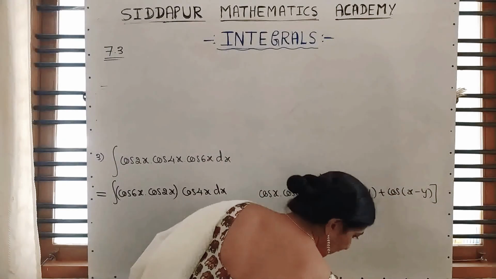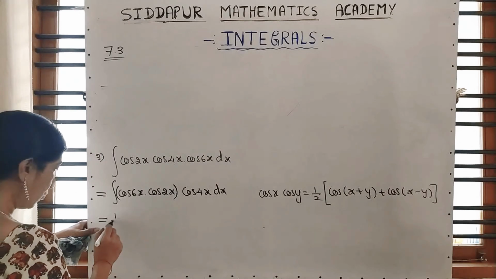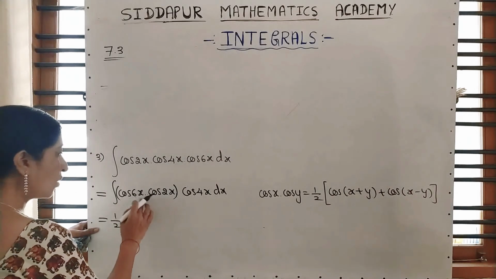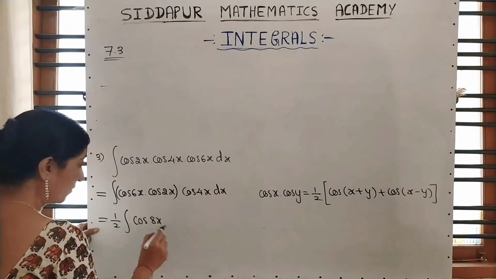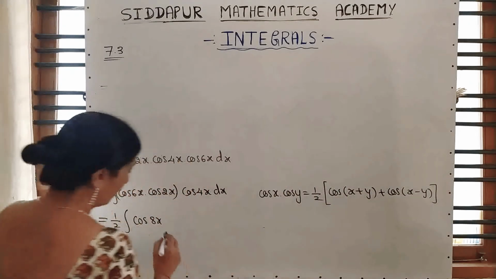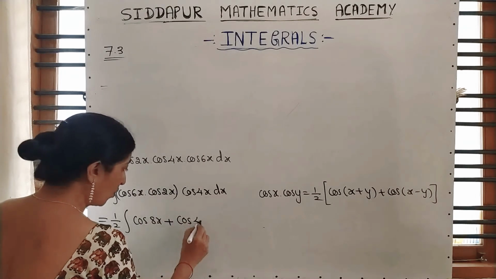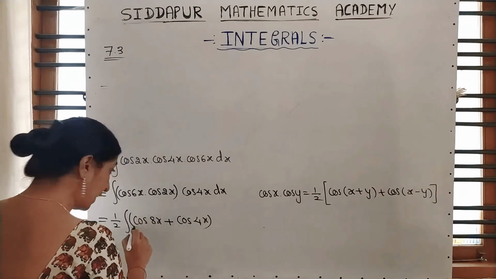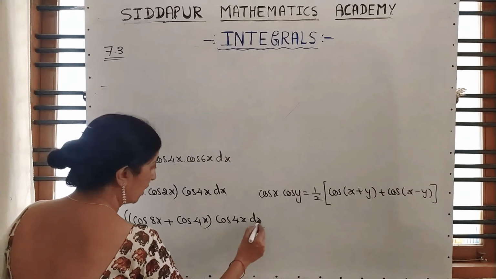This is the formula we studied in one of the previous classes. So this is 1 by 2, cos 6x and cos 2x will be cos 8x, because x plus y, plus cos of 6 minus 2 is cos 4x, bracket complete, and outside we have to write cos 4x into dx.